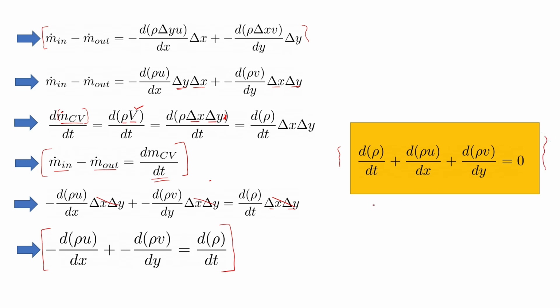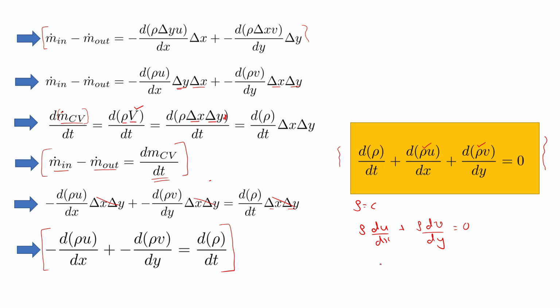Here we can make some modification. For an incompressible fluid, rho will be constant. So that means d rho by dt will become 0, and here rho can be taken outside because it does not depend upon x and y if it is constant. So you will get rho into du by dx plus rho into dv by dy equal to 0.